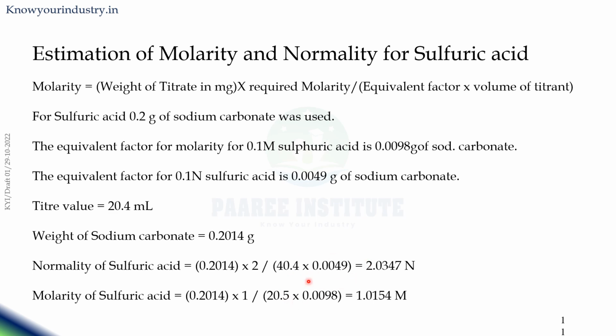Based on that, the calculated normality will be 2.0347 normal, and the molarity will be 1.0154 molar. So this is how you can estimate the molarity and normality of sulfuric acid. Similarly, other solutions also can be estimated by using these calculations and titrimetric methods.